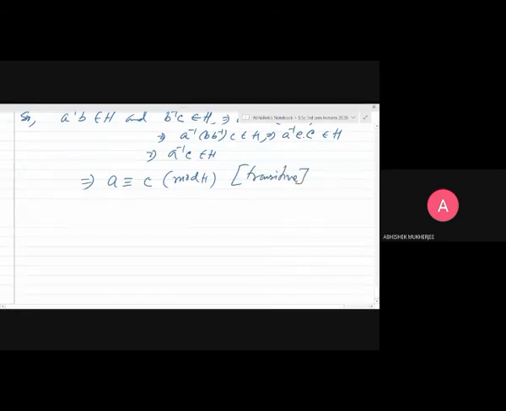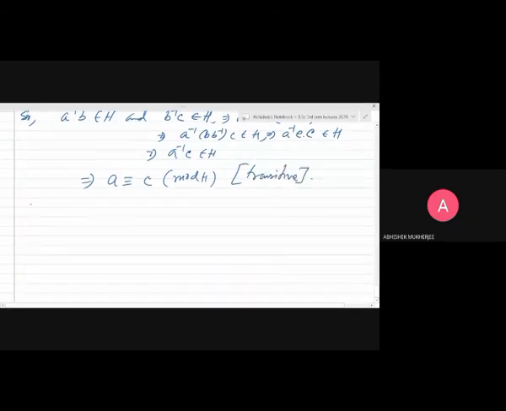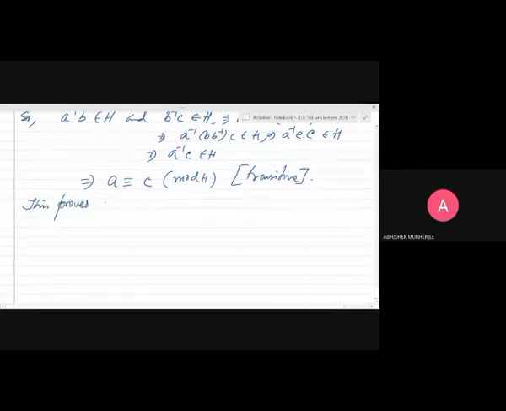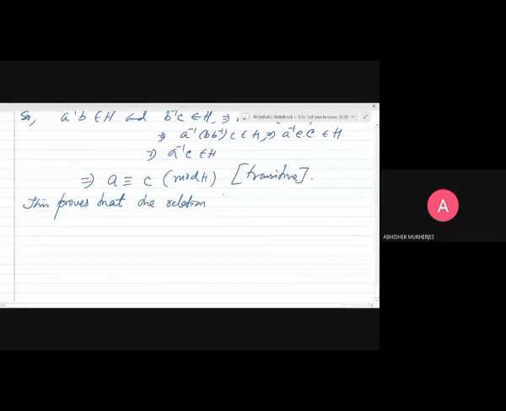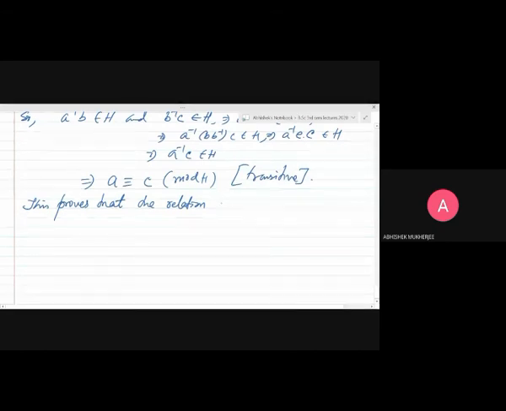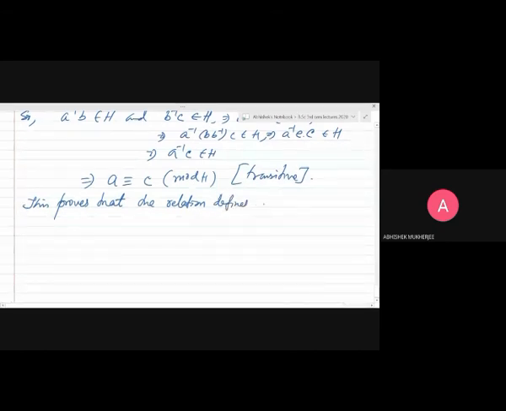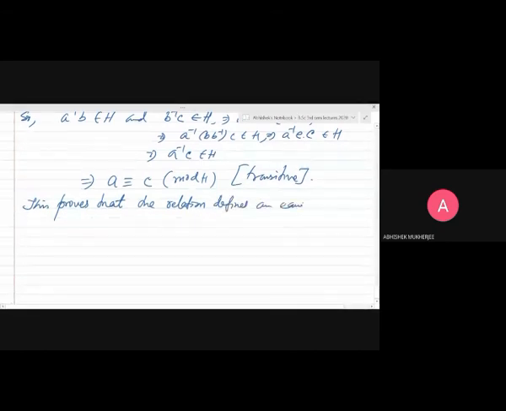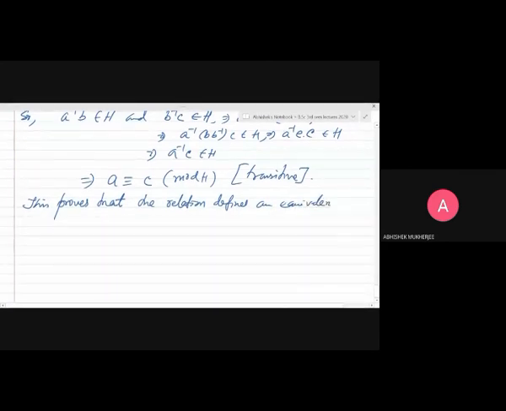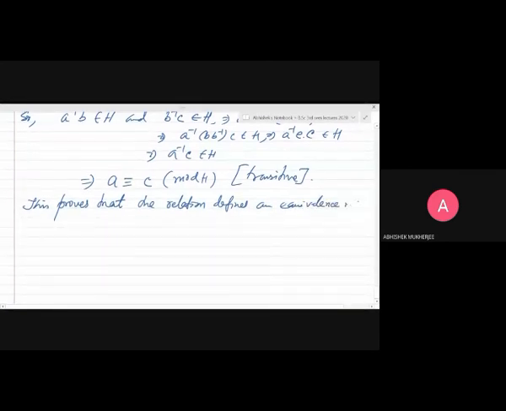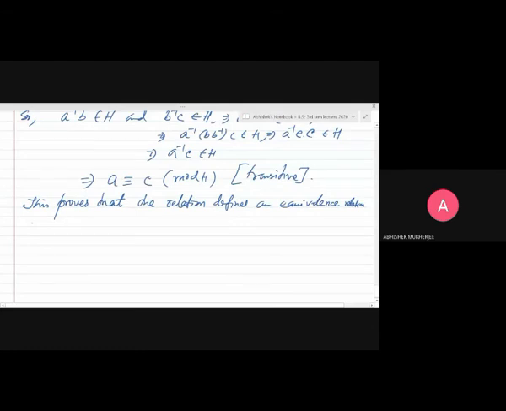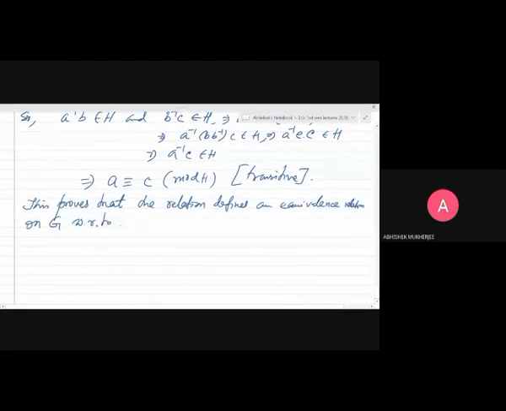So this proves that the relation defines an equivalence relation on G with respect to H, right?